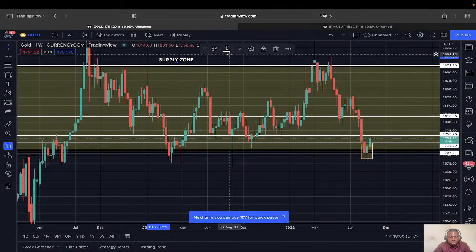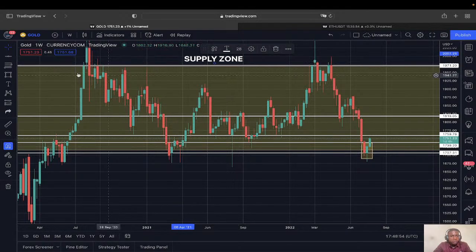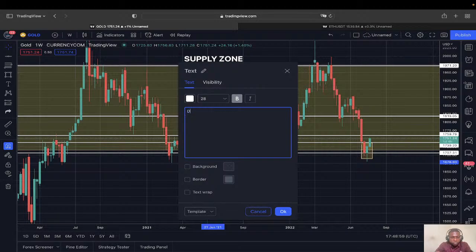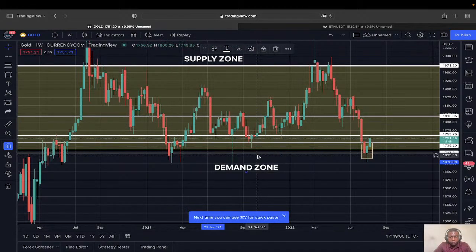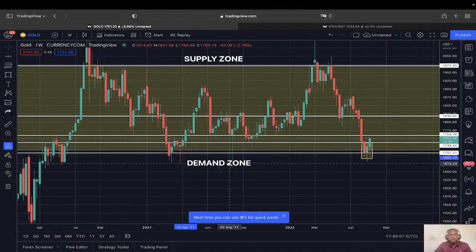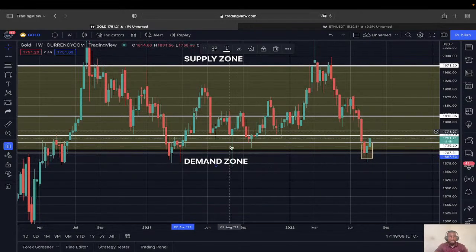Okay, this zone is the supply zone. And this zone is the demand zone. The demand zone, supply zone, demand zone.